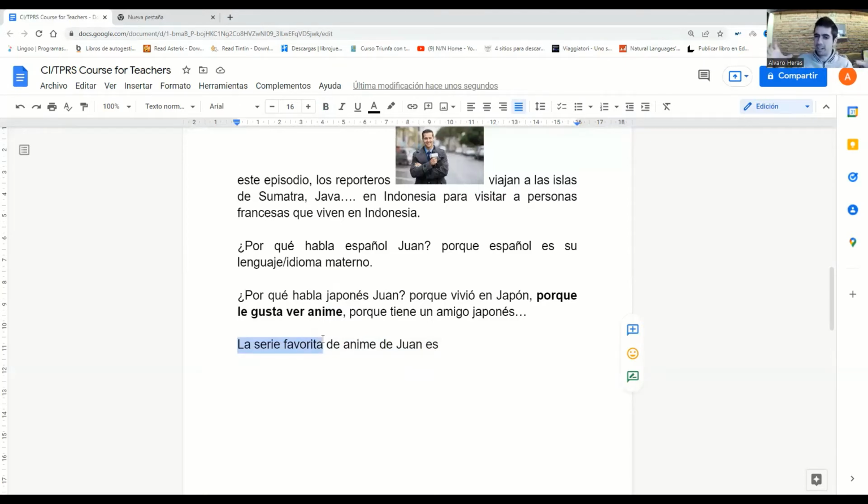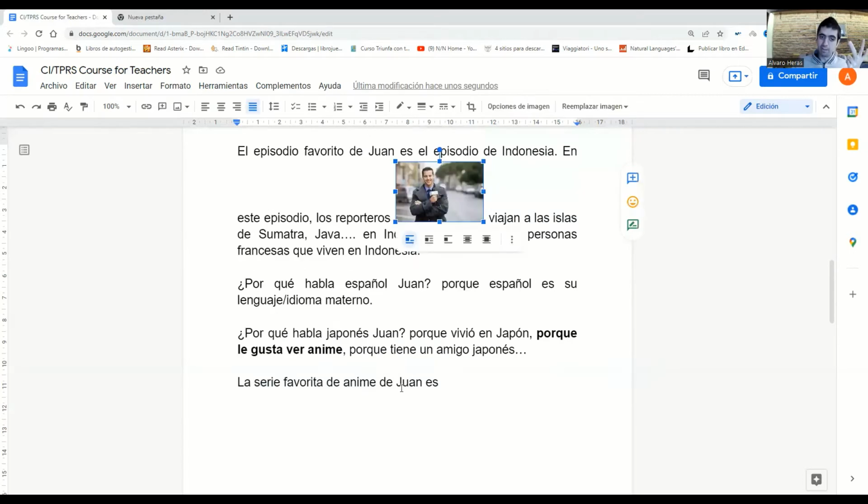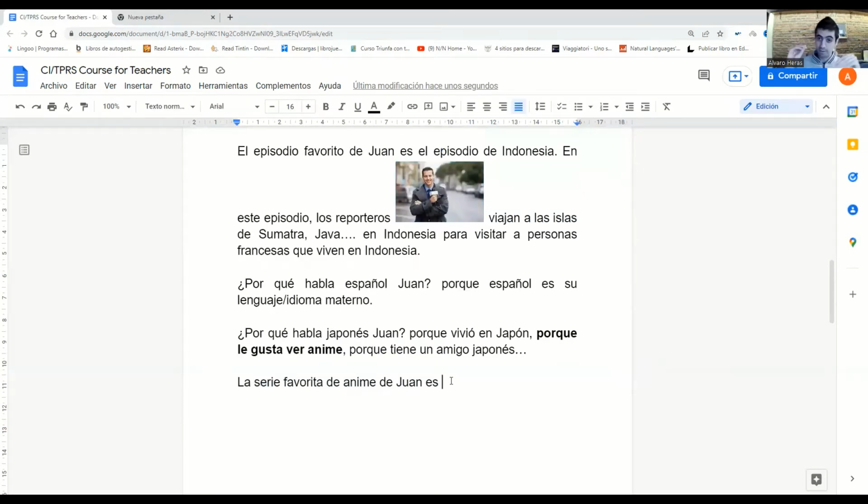So when I say "serie favorita", you perfectly understand what it means. The whole point that I keep making is that you need to use whatever is in your control to help your students understand: the context of the story, the similarities between languages, pictures like here, gestures if necessary. You know what I mean?